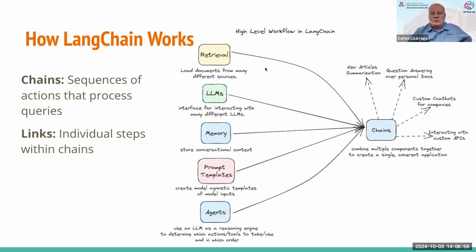So at some point you are retrieving information, you are working with the large language models, you are storing information in some way. And also you can create different templates to interact with the large language models, or you can design some software agent that can do some specific tasks that you design.